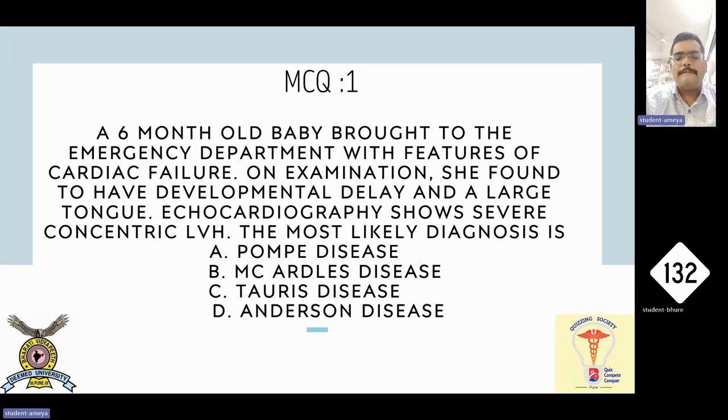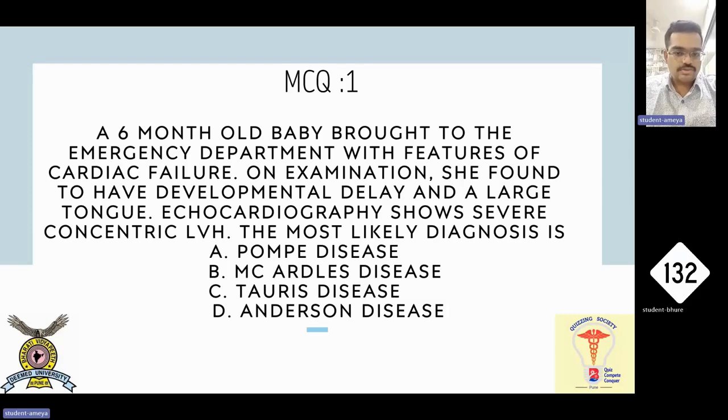If you remember the mnemonic of Pompey's disease, I had told you P for Pompey, P for pediatric. Apart from crying and playing tantrums, pediatric population has a good heart. So Pompey's disease will have all the symptoms related to cardiovascular system, that is heart. So the answer to this question is Pompey's disease.